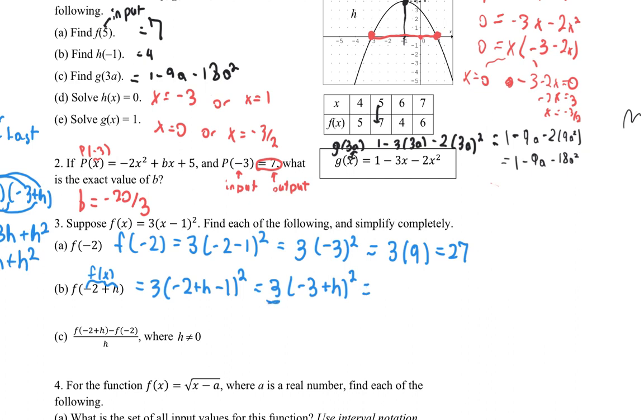Remember, we still have this 3 outside. We didn't do anything with that yet. So it's 3, and that whole squared thing becomes 9 minus 6h plus h squared. And we can go and distribute the 3. So we get 27 minus 18h plus 3h squared.